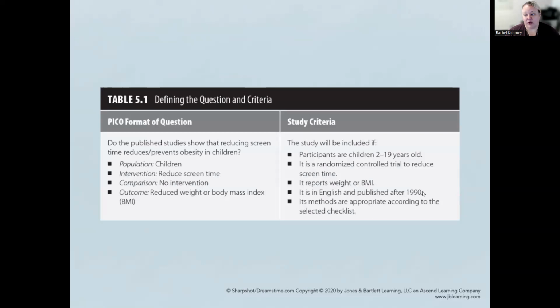And then you may want to put a time frame on it. So how far back are we going to look at studies? Maybe it's 1990, maybe it's 2000, maybe it's 2010. So make sure you break down what criteria you're looking for. And then the methods are appropriate for what you're studying.